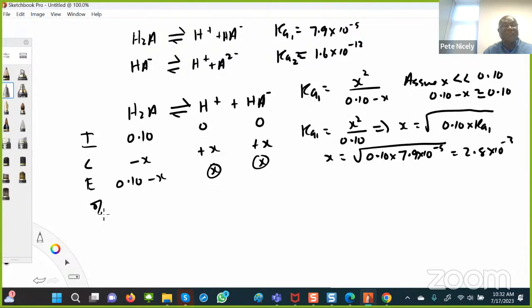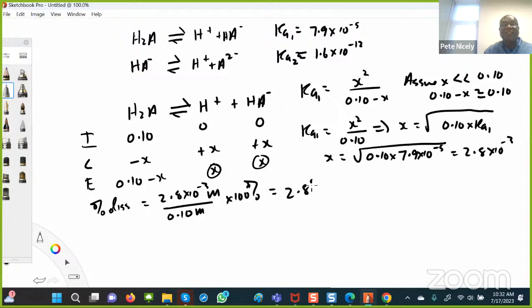Again, we need to find the percent dissociation to make sure that the assumption is valid, which I think it is. Let's see here, 2.8 times 10 to the minus 3 M divided by 0.10 M times 100%. And according to my calculation, that works out to be equal to 2.8%, which is obviously less than 5%.